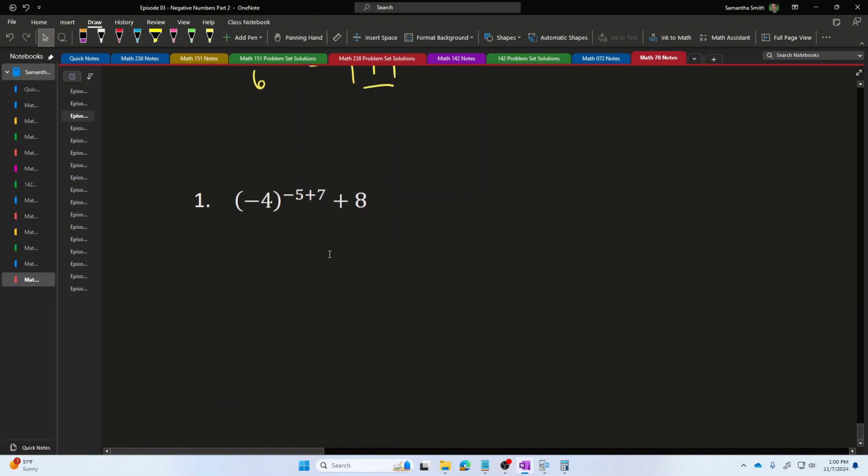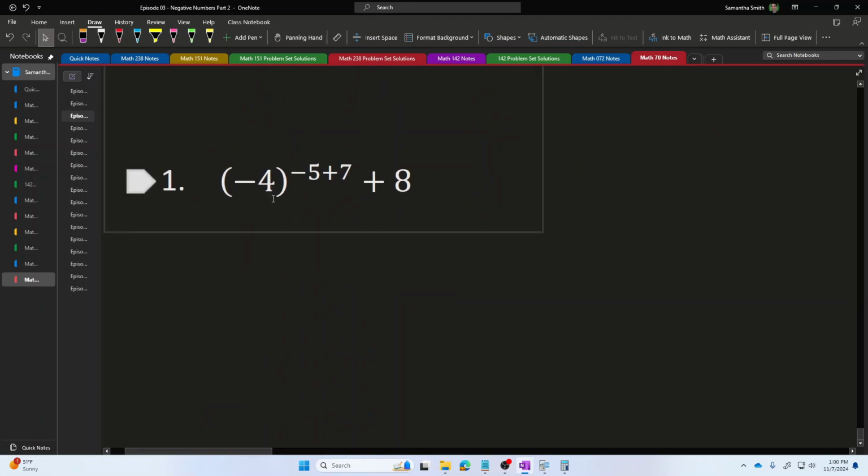And what about here? Here I have a pretty complicated expression, negative 4, parentheses, stuff in the exponent, and then after that, plus 8. We remember that with PEMDAS, there are again some hidden parentheses in the exponents. So we should calculate what is happening inside this exponent first.